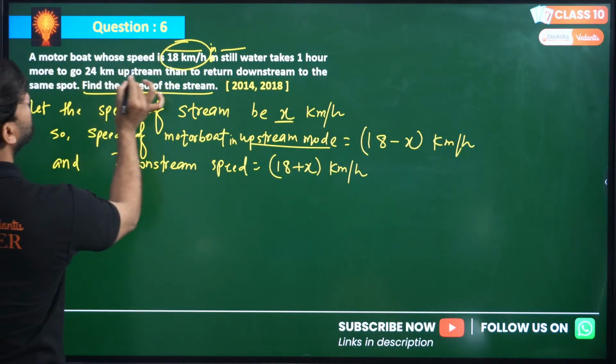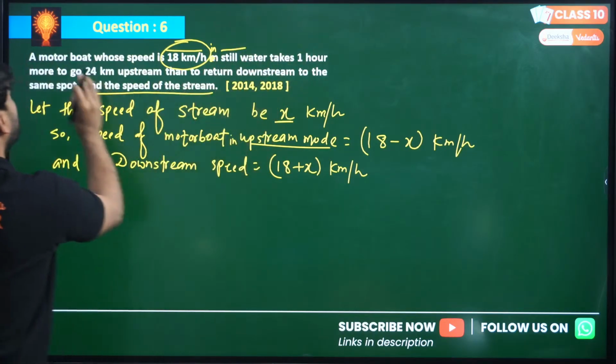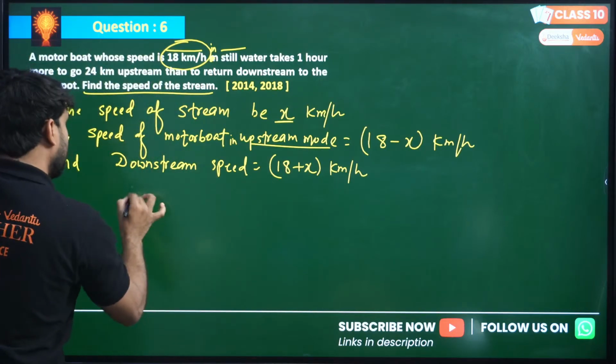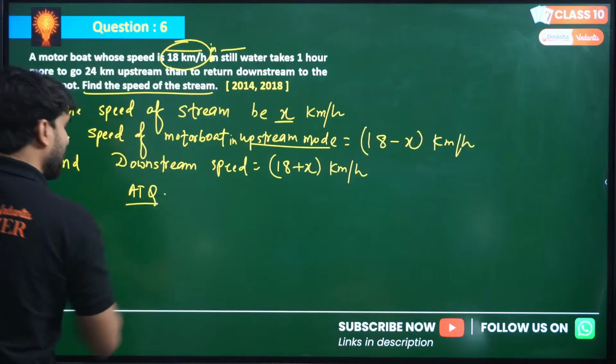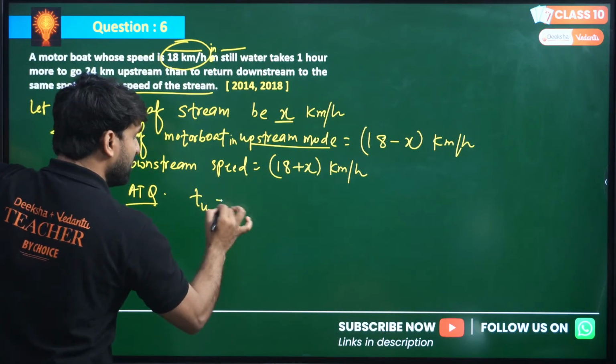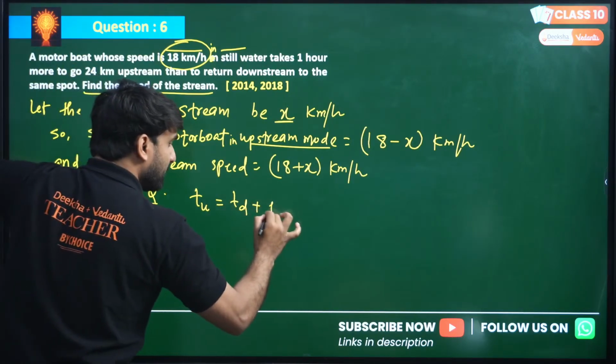A motorboat whose speed is 18 kilometers per hour in still water takes 1 hour more to go 24 kilometers upstream. Very good. So basically here, the time taken by the boat in the upstream direction, TU, equals TD, the downstream time, plus 1.